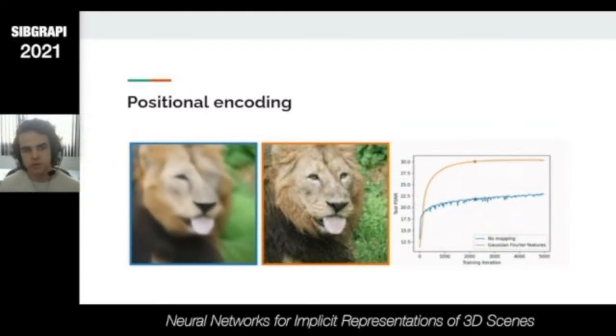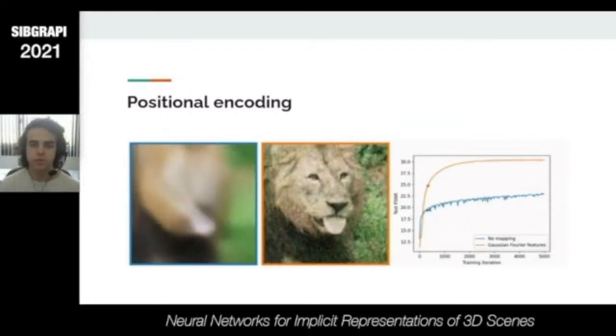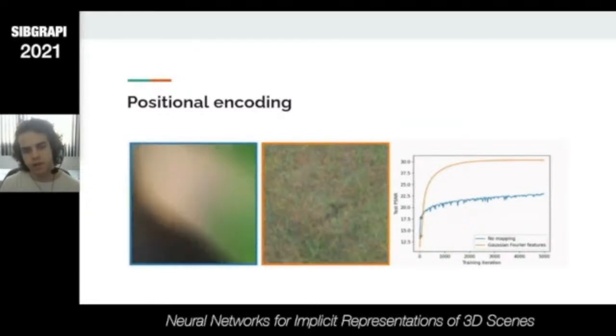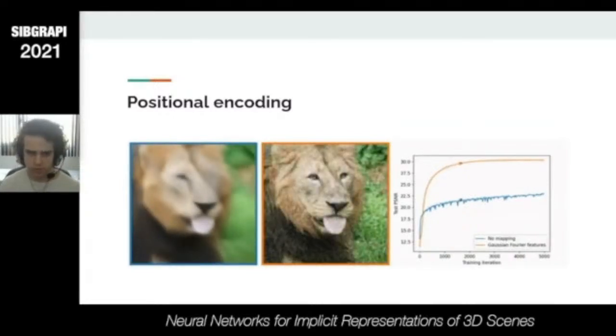So as you can see here in this example, we're trying to train two networks to remember these images, except that the network on the left receives just the x and y coordinates to train, and the network on the right receives the coordinates after they go through a positional encoding step.